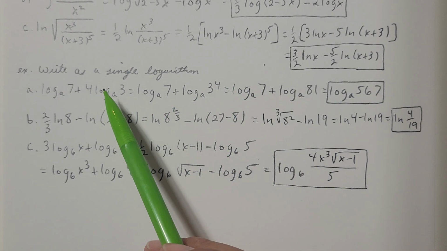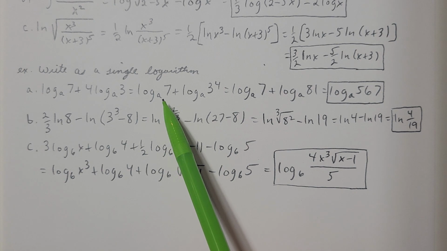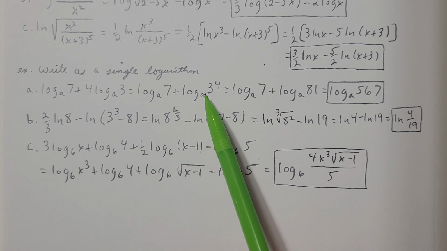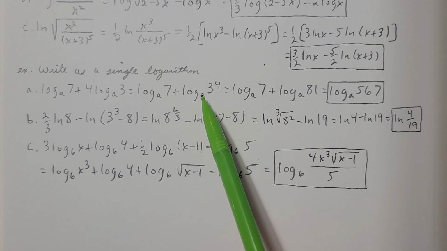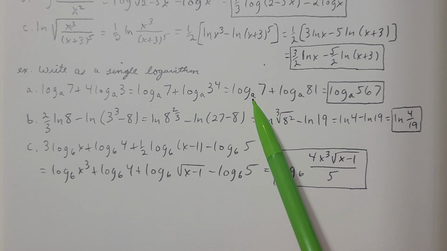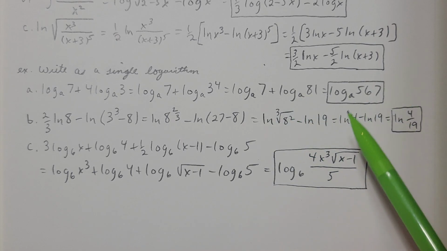I'm going to bring 4 up. So I got log base A of 7 plus log base A of 3 to the 4th. 3 to the 4th, 3 times 3 times 3 times 3 would be 81. Okay, and now I'm looking at log base A of 7 plus log base A of 81.